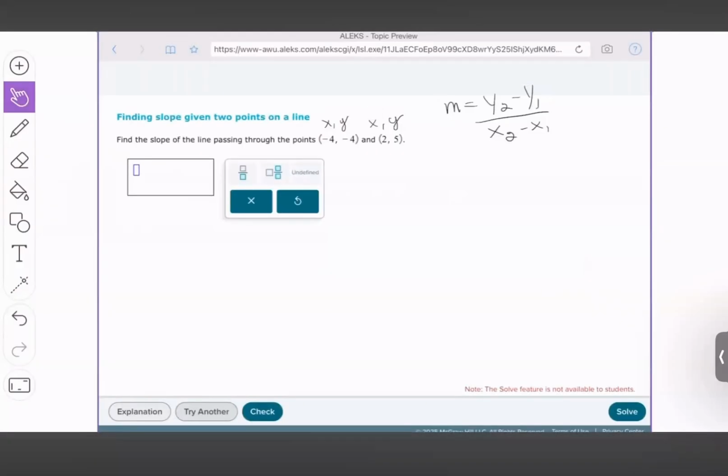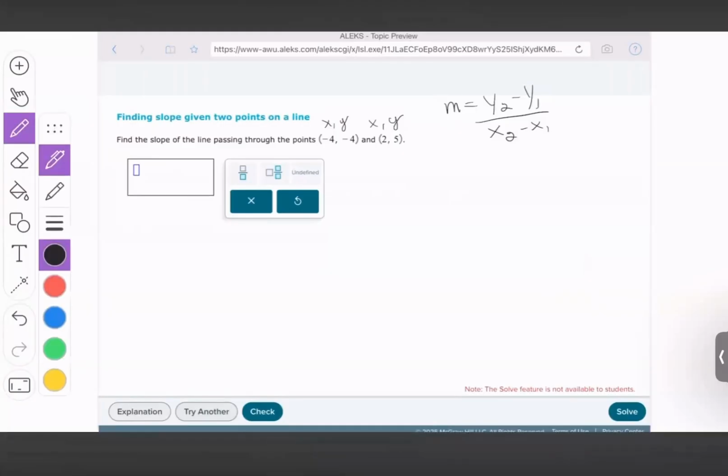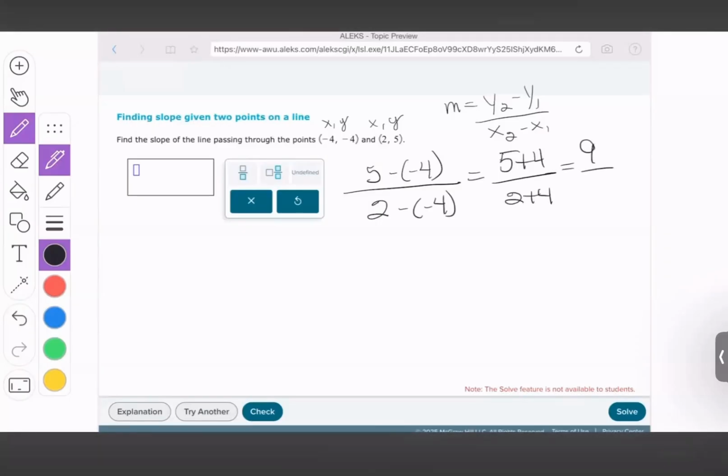So luckily my formula and my labels stay the same. Again, you can write them in a stacked way if you like, but I'm just going to select directly from the coordinates and then 2 minus a -4. Because we have negatives in the center, it's a negative of a negative, so it changes to a positive. So this ends up being 5 plus 4 over 2 plus 4, which is 9 over 6.